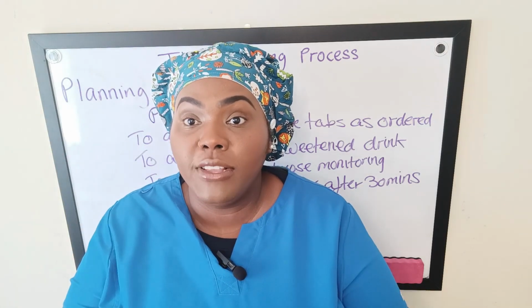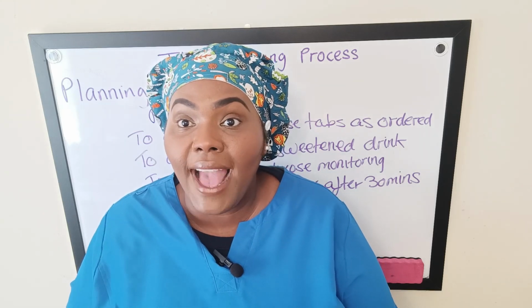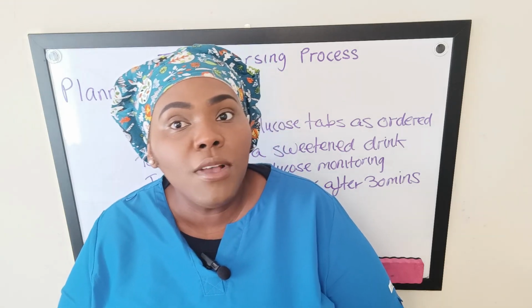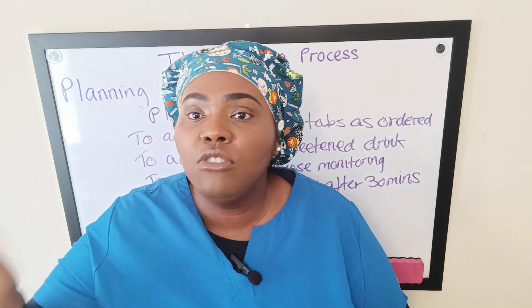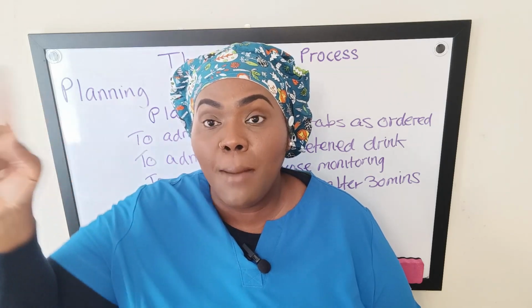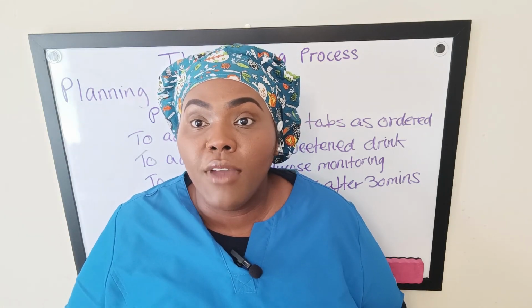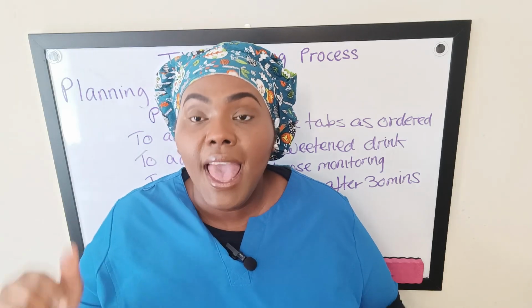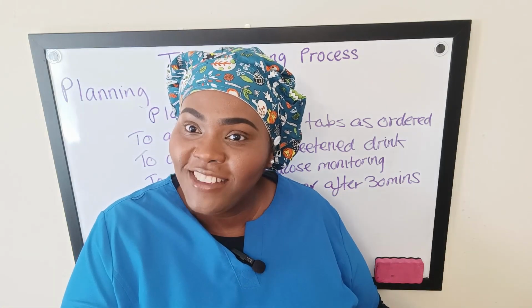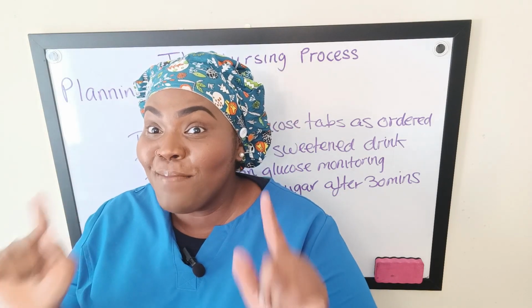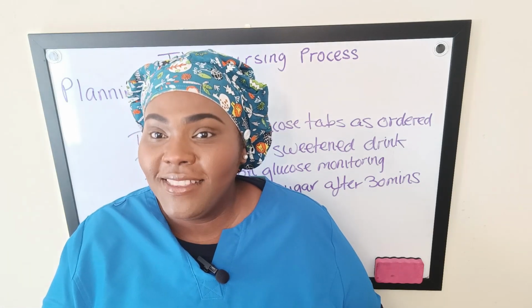Did it make a difference? Did it achieve the goals that I have in front of me? So what was my goal again? My goal was for my patient's blood sugar to be above 70 after 30 minutes. So my evaluation time period is going to be after 30 minutes. I have to go back and assess my patient again. Big circle.